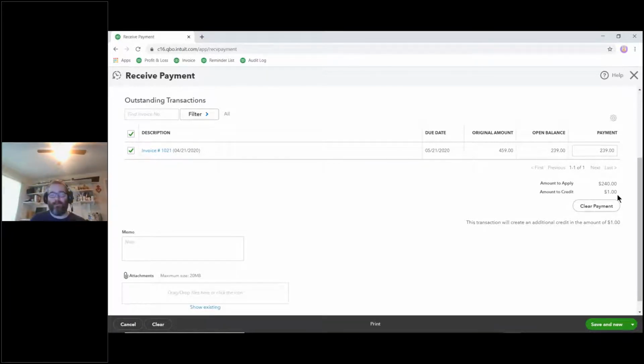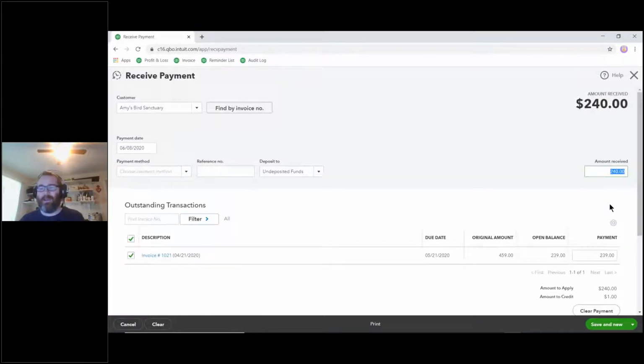A lot of people expect that to be a separate transaction, a credit memo, so to speak, right? But it doesn't create a credit memo. It just creates a payment that's $1 more. So later on, whenever you create another invoice, this payment can also be applied to that invoice. That's the tricky thing about it.